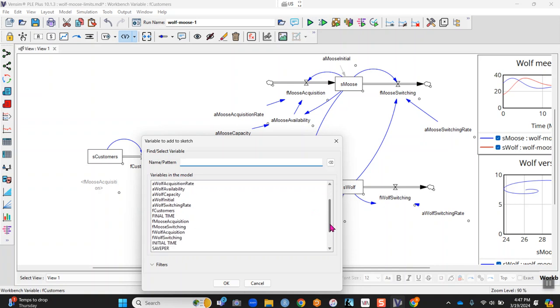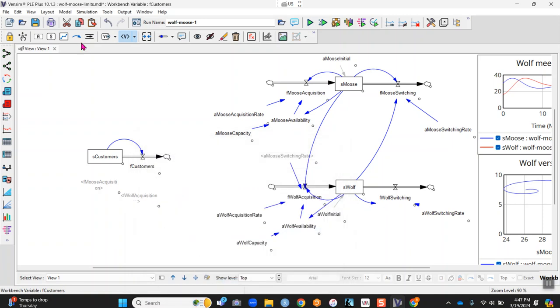Notice the nomenclature helps us here. These are the flows. And then we link this up from here, moose to flow of customers. Wolf to the flow of customers.